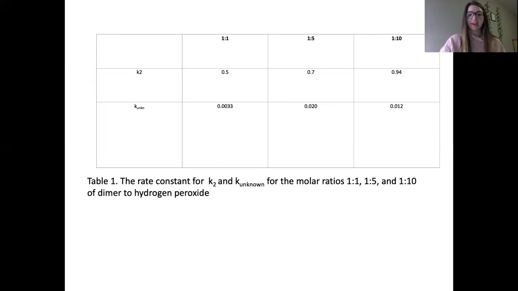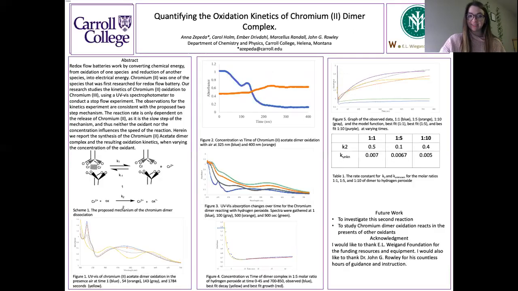For the K unknown, we see that the rate constant does change depending on the amount of oxidant we were adding. So the hydrogen peroxide is probably in the rate determining, or slow, step for whatever the second unknown reaction is. For our future work, we want to investigate what the second unknown reaction is, to better determine what is happening when we add hydrogen peroxide to solution.